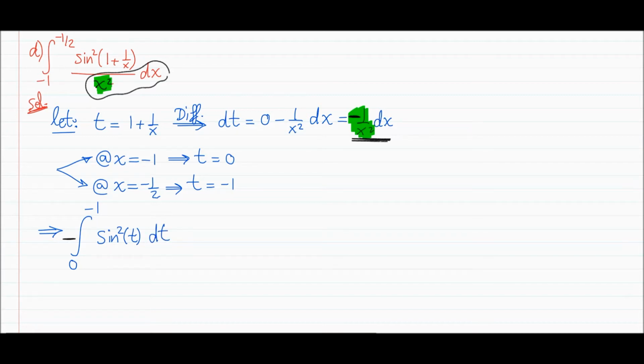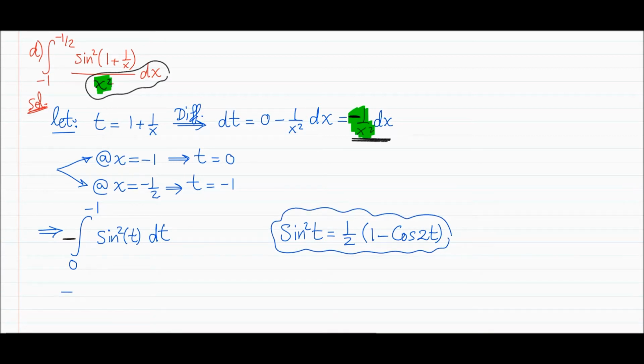Now the question is, how can I solve sine squared t dt as an integral? You have to remember the identity that sine squared of t equals half multiplied by 1 minus cosine double angle, which is cosine 2t. I have to use this form here in this problem. So the integral will be negative from 0 to -1 of half multiplied by 1 minus cosine 2t, which is an easy integration now.